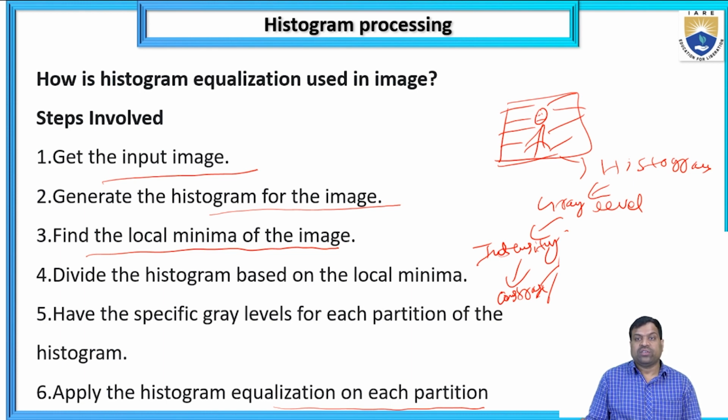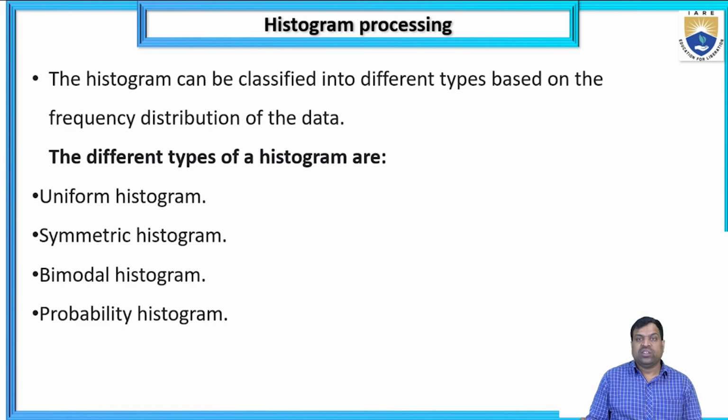Select the input, select the histogram and local minima, divide the histogram based on the local minima and specific gray levels of each partition of the image histogram. Apply the histogram equalization on the image partition. This histogram can be classified into different types. So what are the classifications of histogram?